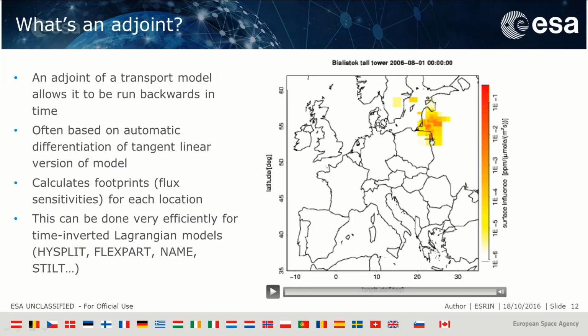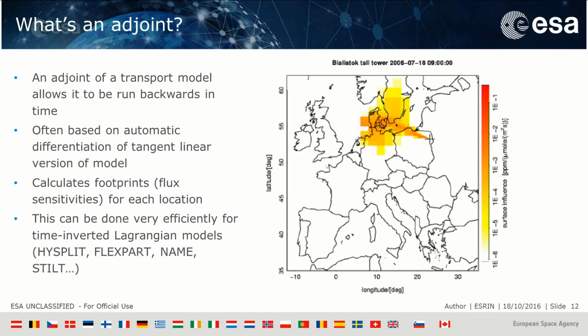So this shows a simulation with STILT. What they're doing here is you release the particles backwards in time from your measurement site. Here we have a tall tower in eastern Poland at Białystok, and we release particles, and then you see where they go backwards in time, and that's your area of influence.